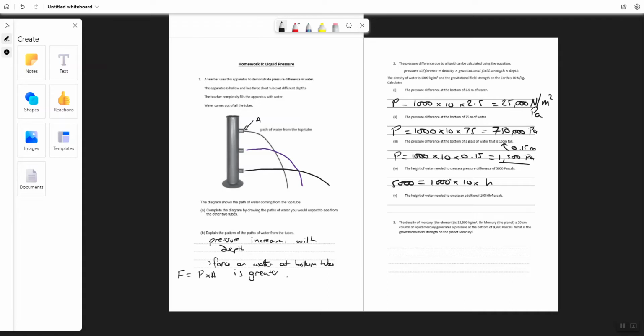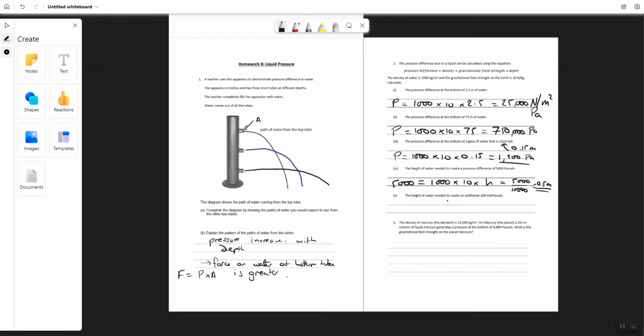Okay, so we've got 5,000 divided by 1,000 divided by 10. So essentially that becomes 5,000 over 10,000. So it's equal to 0.5 meters. So half a meter.